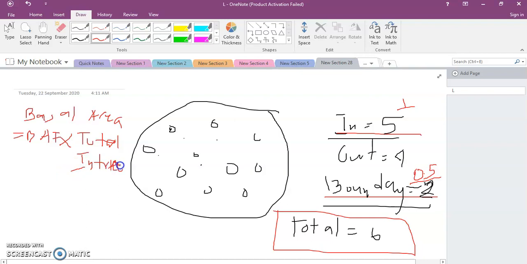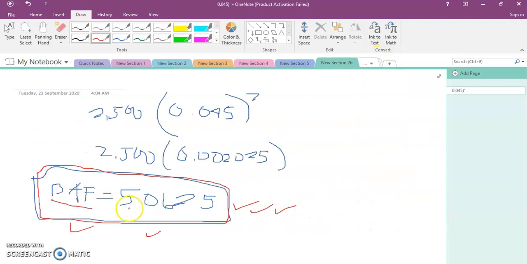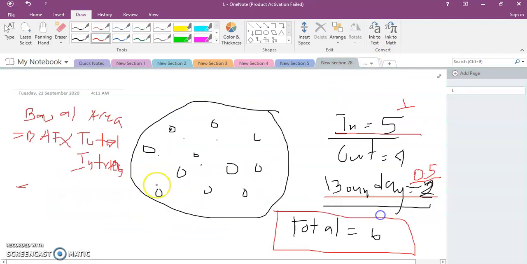In our case, our basal area factor is equal to 5.0625. 5.0625 times 6.